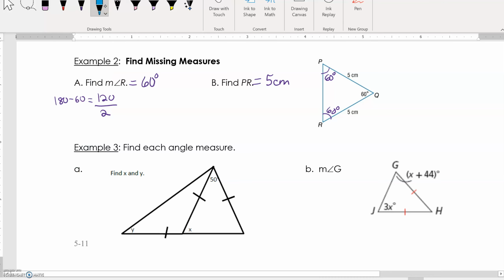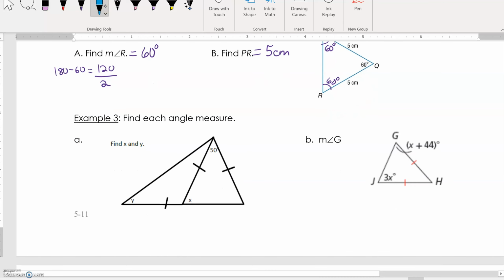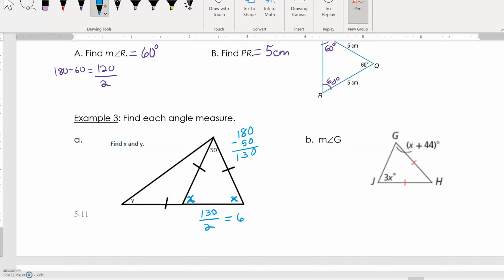Okay, find the measure of each angle. Find x and y. So here we have an isosceles triangle, and we know this is x and this is x. And we know they all add up to 180, so I'm going to take 180 minus 50, and I get 130. And then I need to split it between those two angles. So I end up finding out that x is 65.